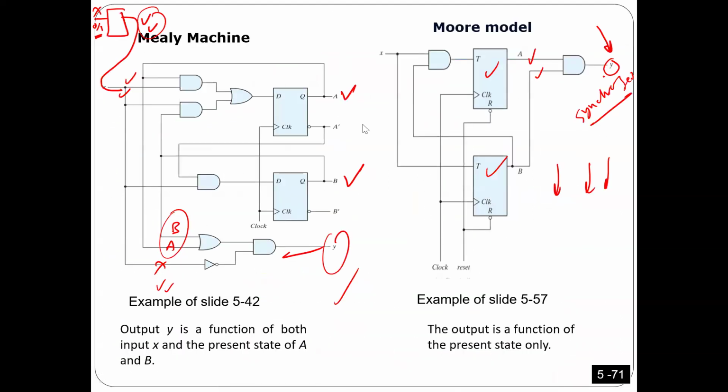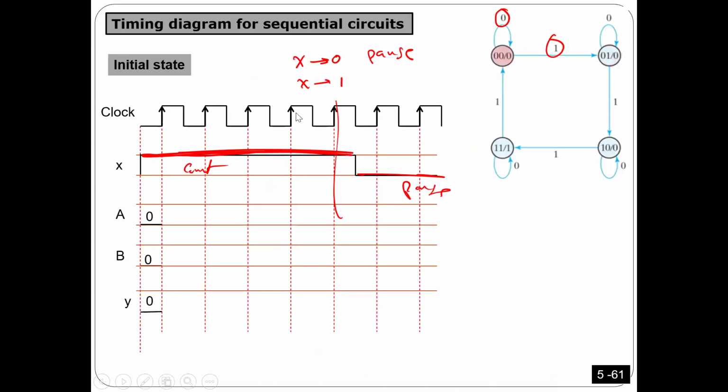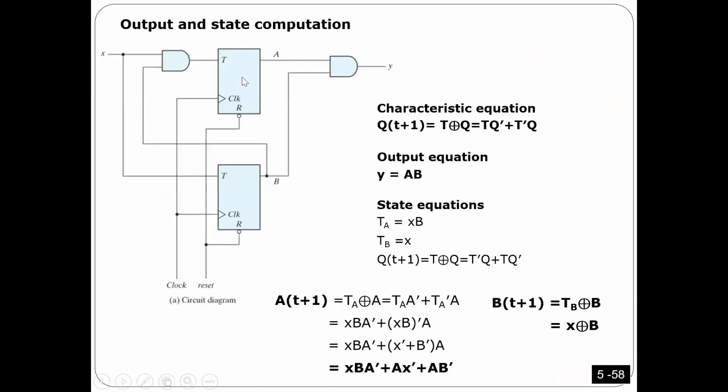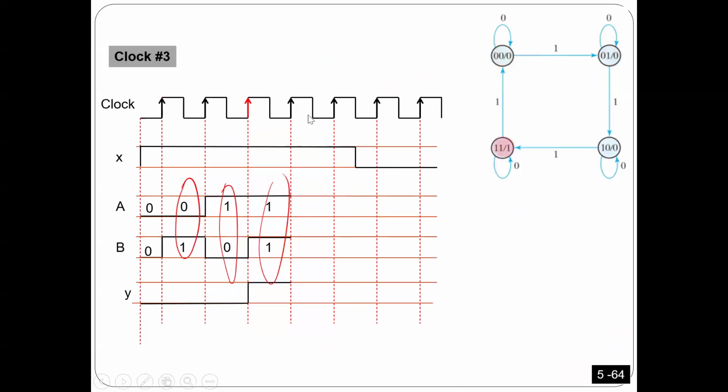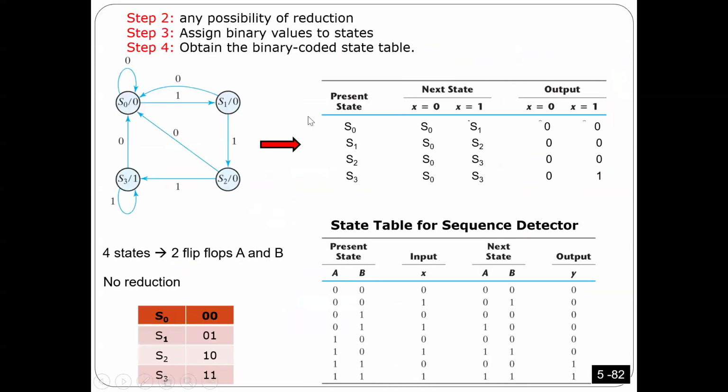In example number 4 here, I gave you the circuit and asked you to analyze it. Now I will do the opposite. Now I want to design this circuit. So I should get this one at the end. Not analyze it, I just want to design.